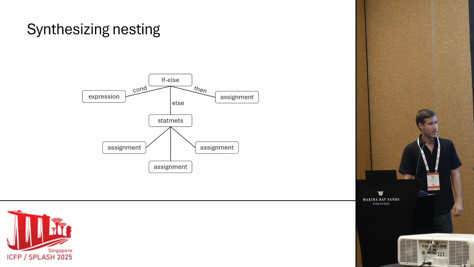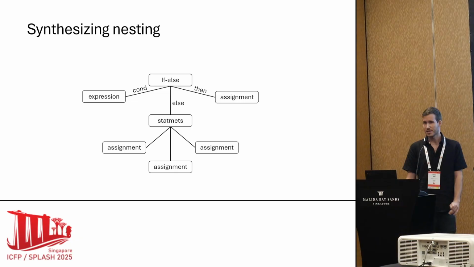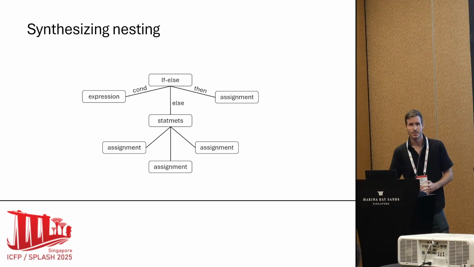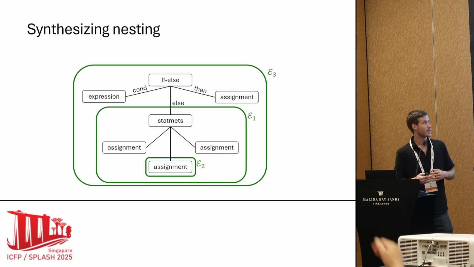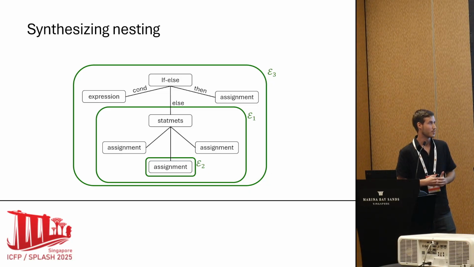So, like almost every good thing in PL, it all starts with the AST of the program. You can see here the AST of the program that we had. And since we added the example scope to the code, we also need to represent those example scopes in the AST. We do this by showing those green boxes.